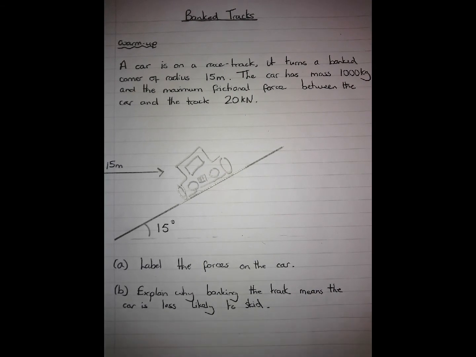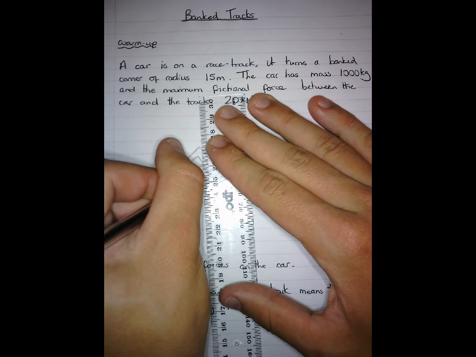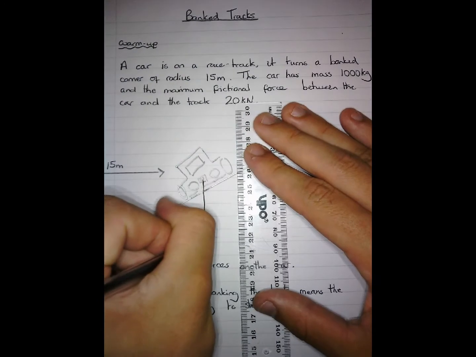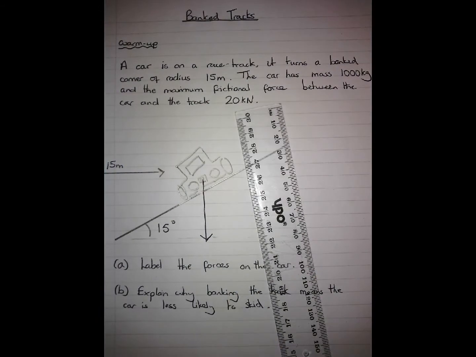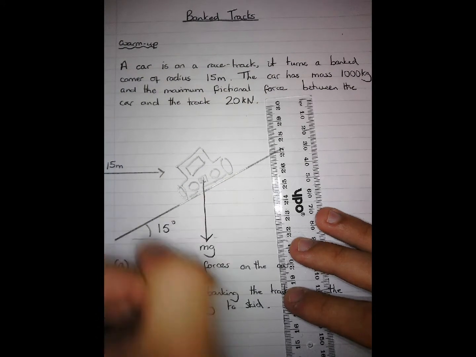Right, so if we go about doing some labelling of that then, we can start with the weight of this car acting down from the centre of mass. And we can label that arrow mg.